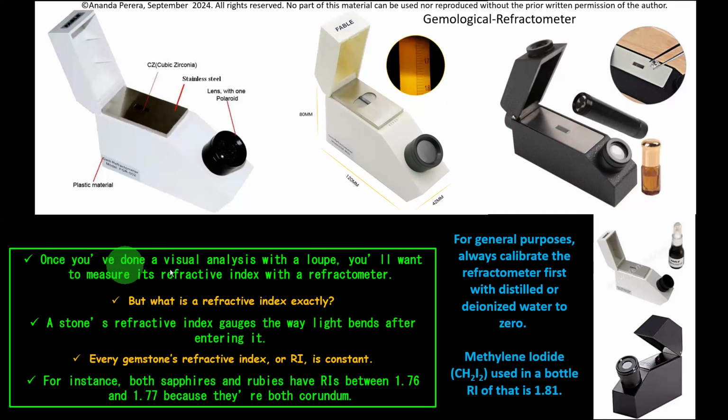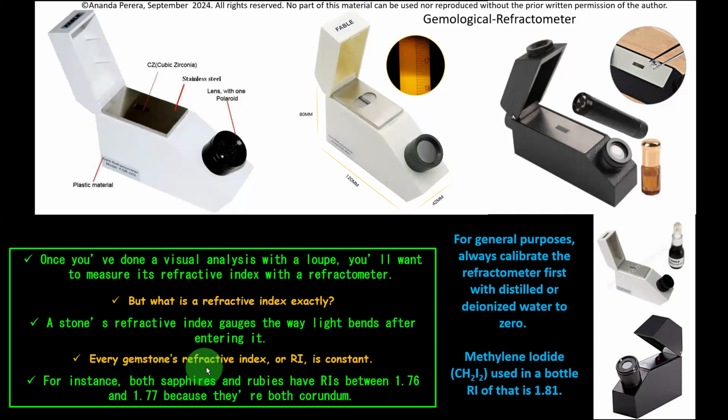So once you have done a visual analysis with the loop, you will want to measure its refractive index with the refractometer. But what is a refractive index exactly? A stone's refractive index gauges the way light bends after entering it. When light enters the stone, it bends. So we are checking that bending amount with this refractometer.